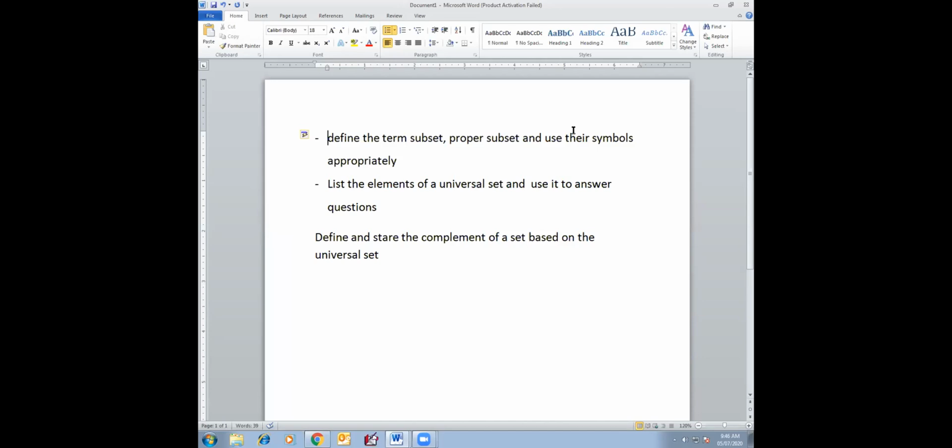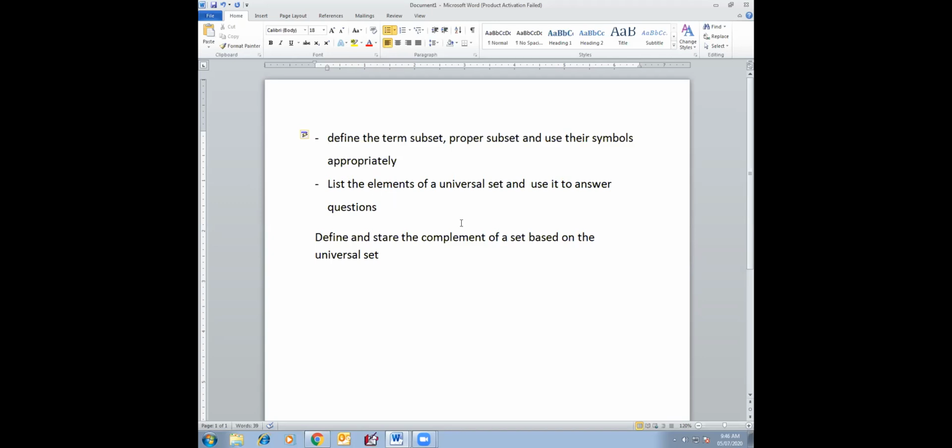If a set A is a subset of another set B, you write it like this. Well, it's not like that actually, but it's A, then you have this sign, is a subset of B. And what is a subset?